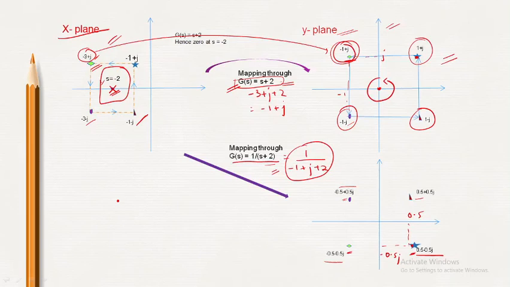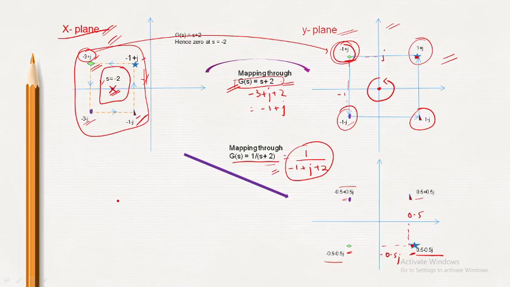You can ask, what if we had taken these points not in the anti-clockwise direction in the x plane but in the clockwise direction? Had I taken point minus 1 plus j first, then minus 1 minus j second, minus 3 minus j third, and so on, I would have considered the clockwise direction.